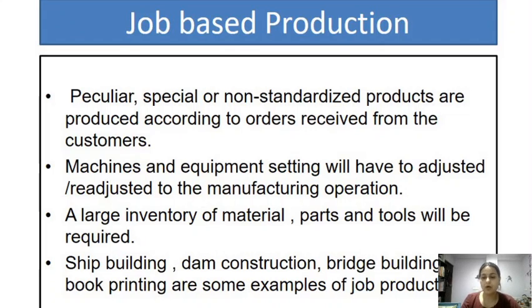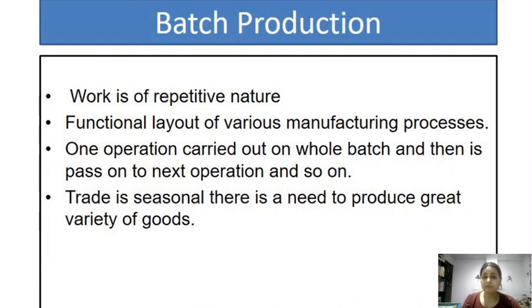Okay, now the next one is batch production, where there are functional layouts for various manufacturing processes. One operation is carried out on a whole batch and then it is passed to the next operation, and so on the process goes on. And this trade is seasonal. There is a need to produce a great variety of goods.